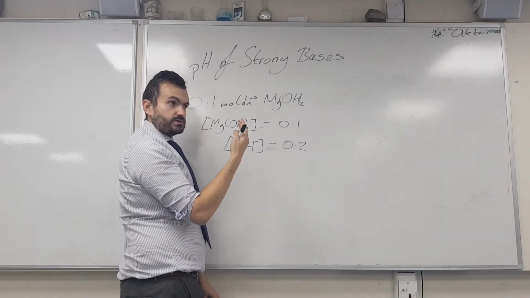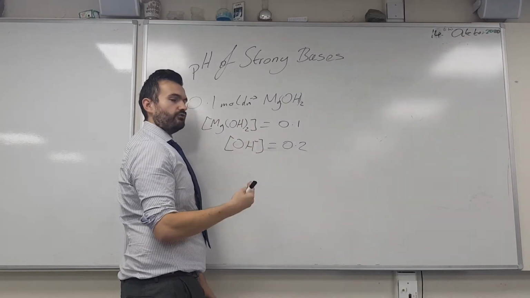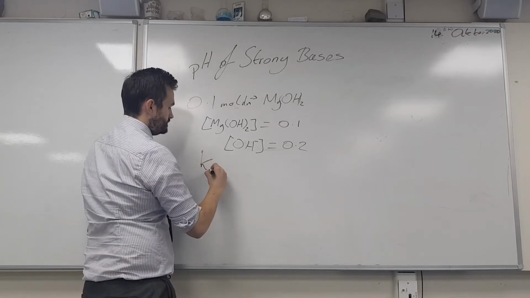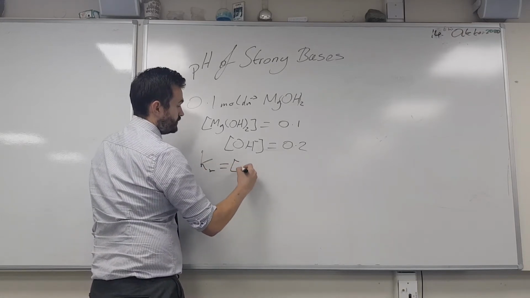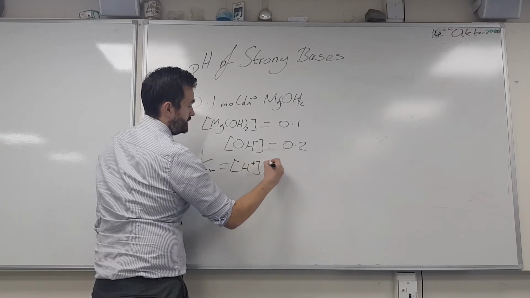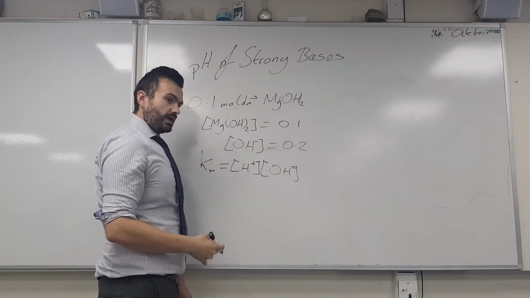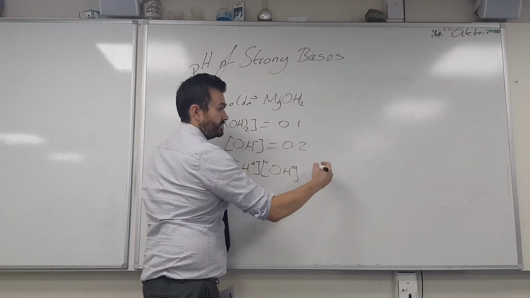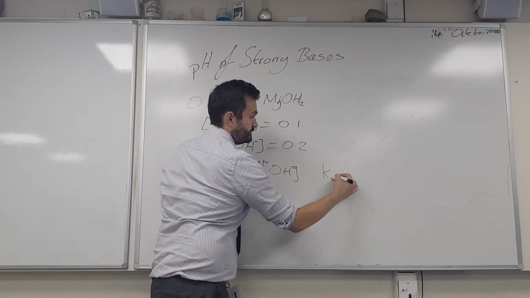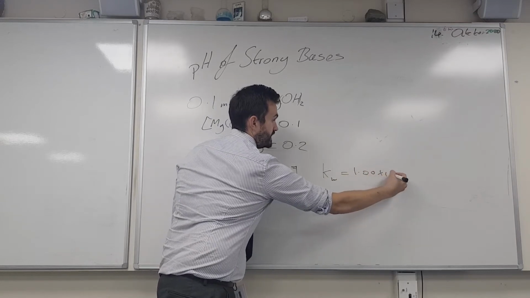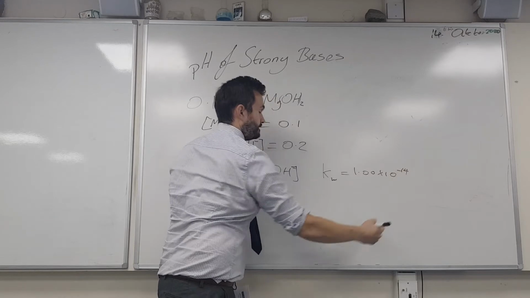So what we're going to do is use the ionic product of water. If you remember, we have Kw, and that was equal to the product of H plus and OH minus concentrations. For room temperature, we had Kw equals 1.00 times 10 to the minus 14.